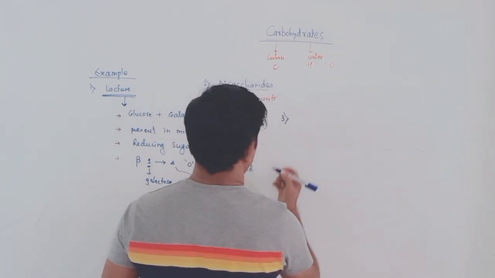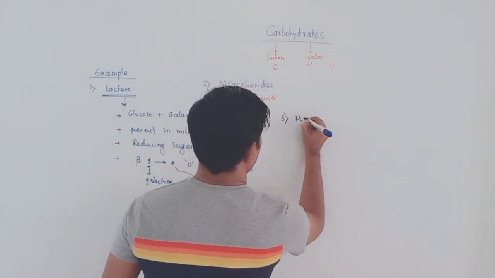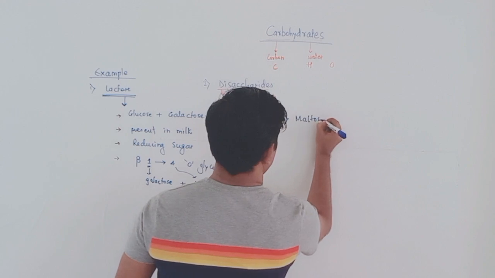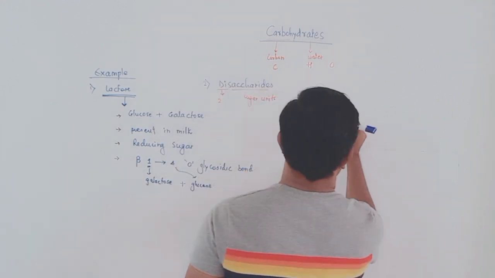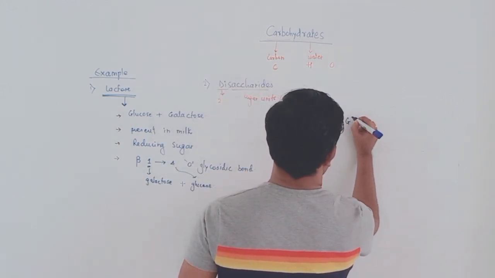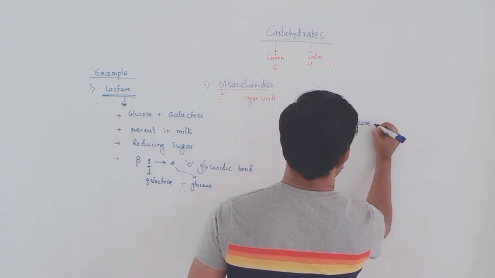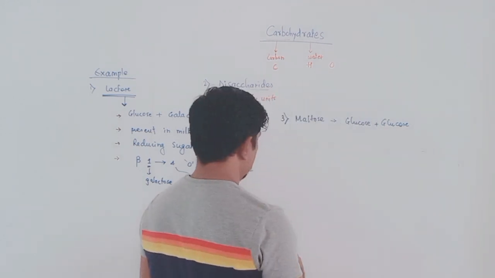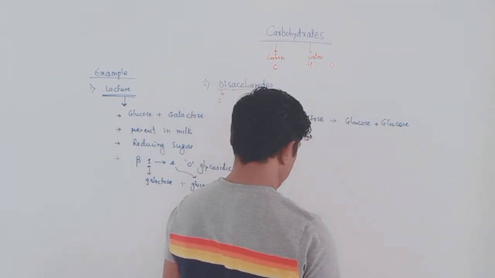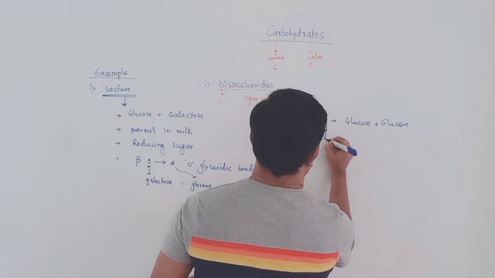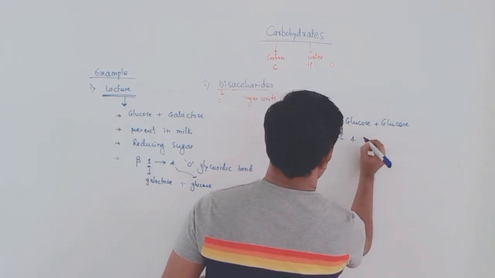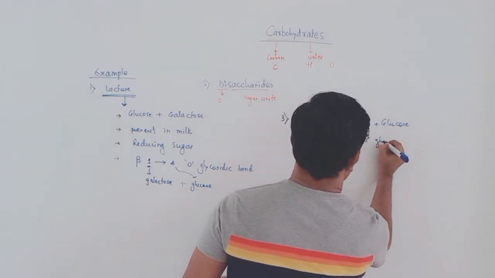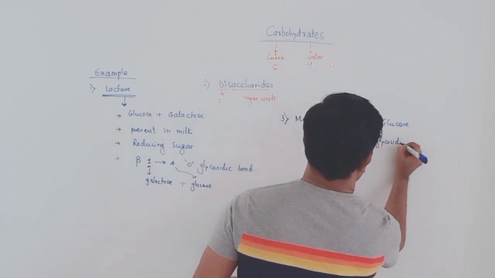Then the third disaccharide is maltose, which is a combination of two glucose molecules having an alpha 1,4 glycosidic bond.